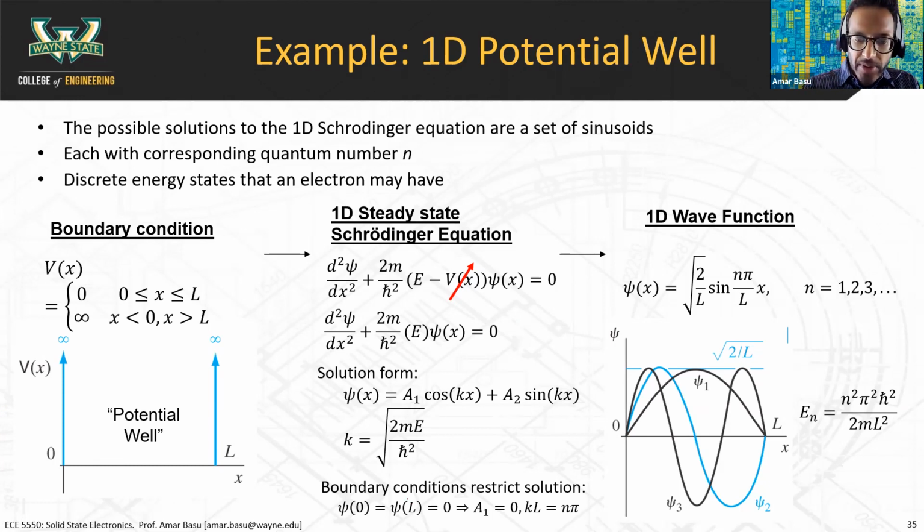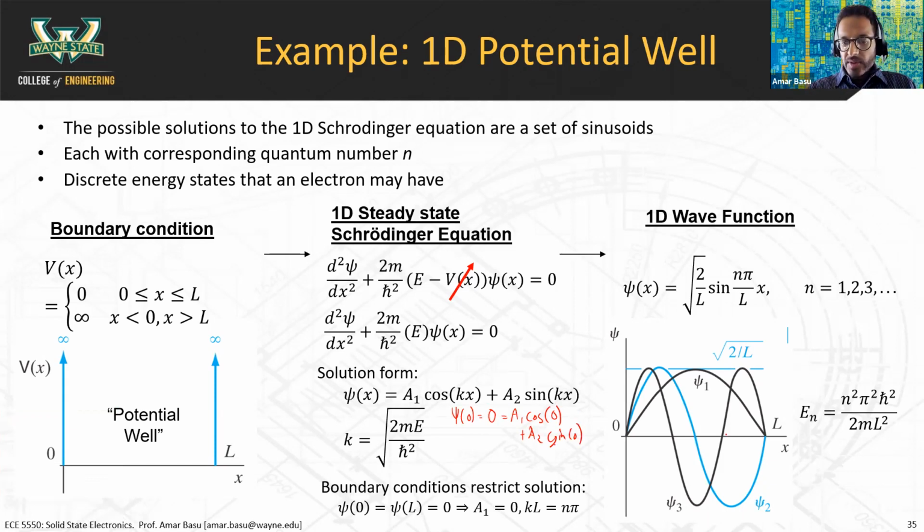Okay. So if we have these boundary conditions, I'm just going to write this small on here. Let's use this first boundary condition, psi of 0 equals 0. That means A1 times cosine of kx, and we're at x equals 0, so this is k times 0. So it's A1 times cosine of 0 plus A2 sine of 0 is equal to 0.